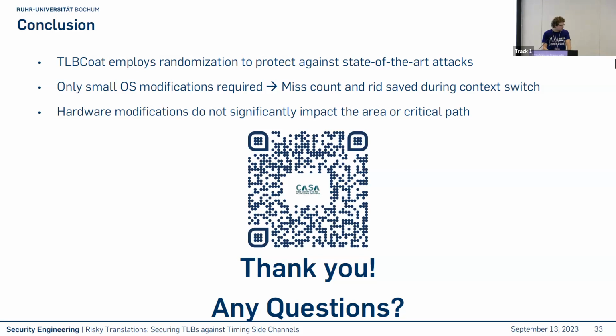Following up on my previous question, I was wondering also if the store to load forwarding could leak something about the addresses that you would also need to consider in the microarchitecture. I'm not so deep into the CPU architecture that I can make a clear comment on load forwarding, but if there is a TLB access which must be done to do this, then our countermeasure would secure against it.